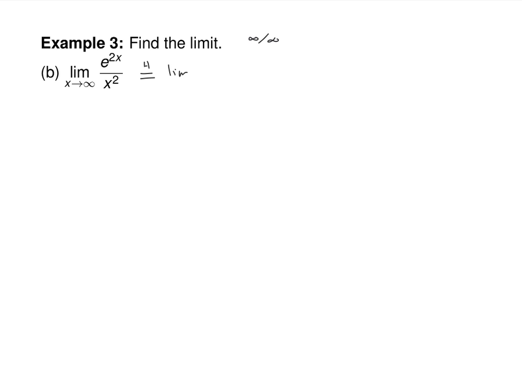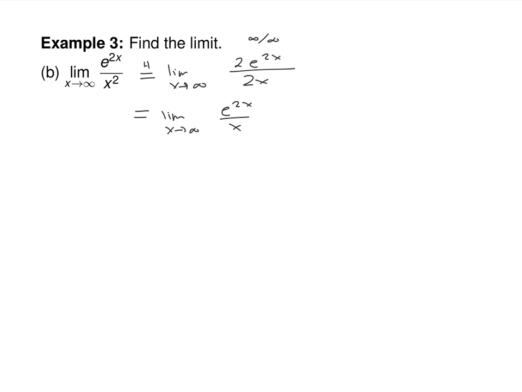So limit as x goes to infinity, you differentiate the top, the derivative would be 2e to the 2x over 2x. And those 2's could cancel, doesn't really matter, but they could. Limit as x goes to infinity, e to the 2x over x. I've noticed a problem: it's still infinity over infinity.